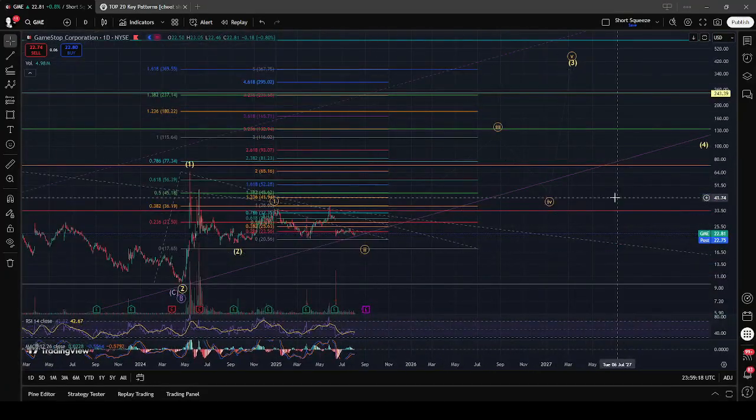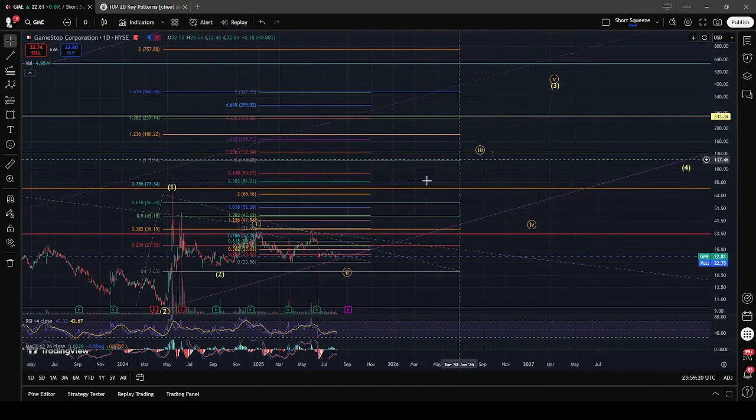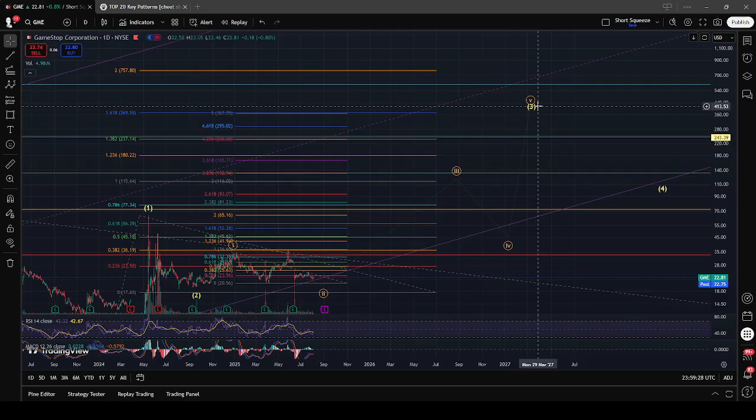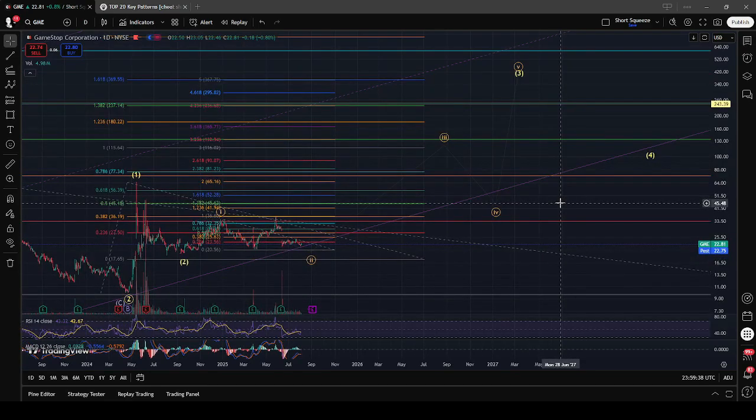Because again, this wave that we're moving here, 1, 2, 3, we still wouldn't be done with the entire wave. Wave C of a corrective wave will always have 5 waves.